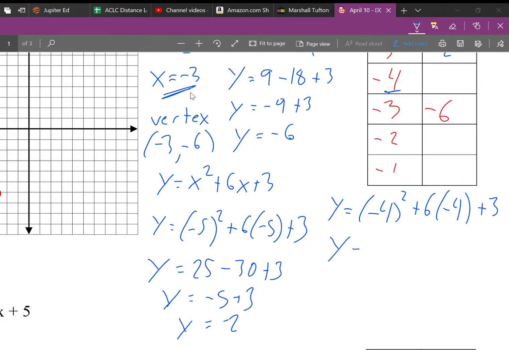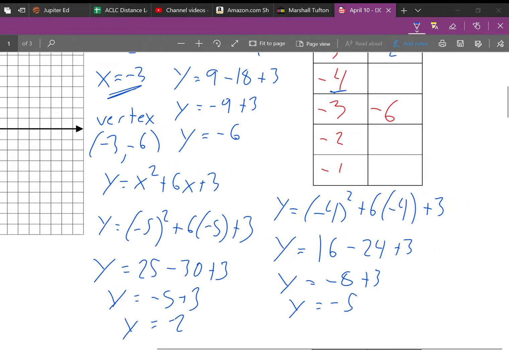That simplifies to positive 16 minus 24 plus 3. Well, that becomes negative 8 plus 3, which is negative 5. So on my table then, my next value is y equals negative 5.